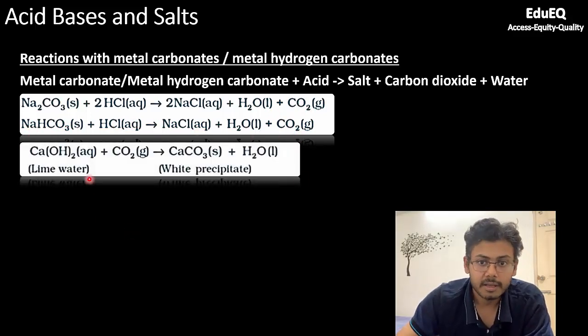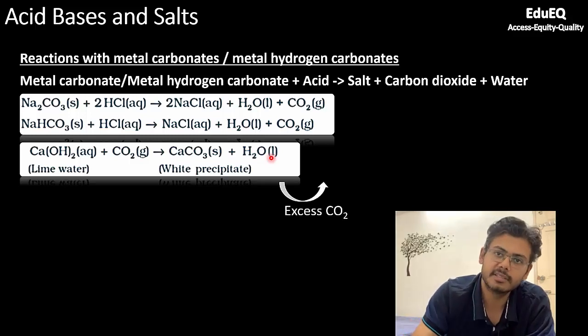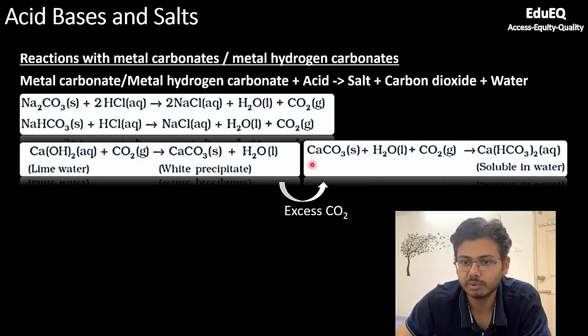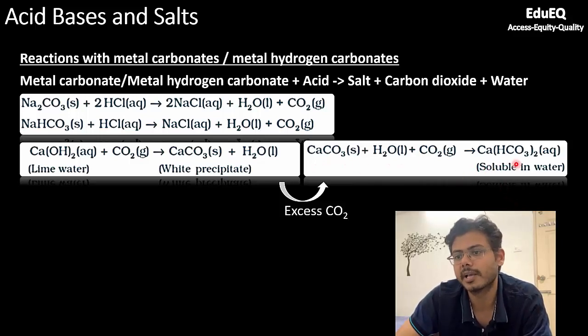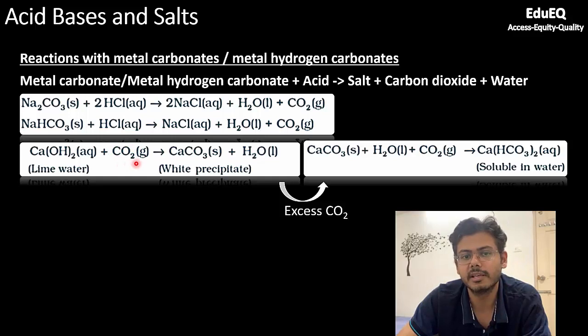Now, calcium hydroxide also reacts with carbon dioxide to form calcium carbonate and water. If you pass excess carbon dioxide through it, you will convert this calcium carbonate into calcium bicarbonate, so that becomes soluble in water. So this reaction is also used to identify carbon dioxide, whether carbon dioxide is present or not.